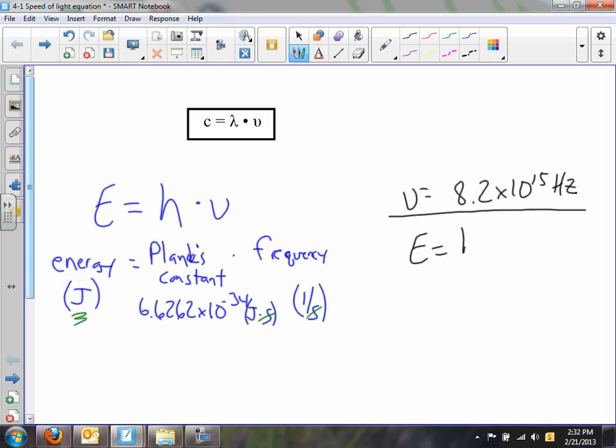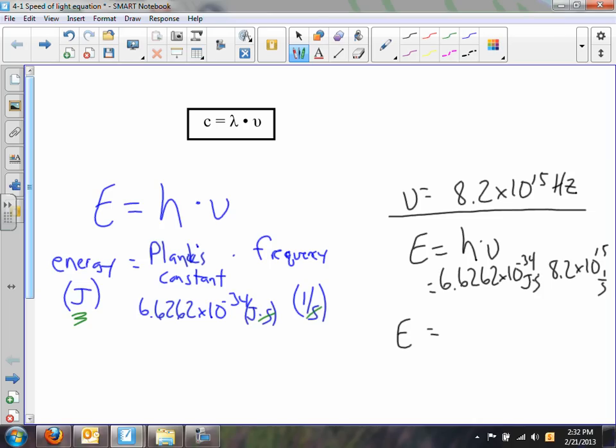Energy is just h times nu. Take your h, 6.6262 times 10 to the negative 34, times 8.2 times 10 to the 15th. You get joule seconds and 1 over seconds.